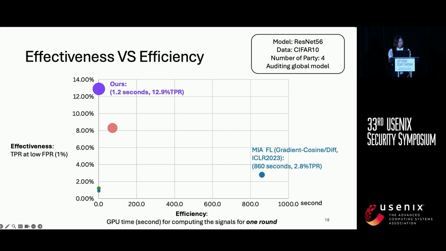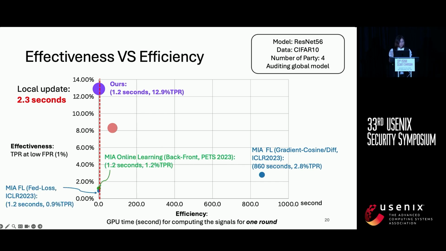For example, the membership inference attack algorithm, which requires computing per sample gradient, could take 860 seconds per round, while the TPR is still 2.8%. In comparison, local training only takes 2.3 seconds, so the cost for those methods is pretty large. Other efficient membership inference attacks are not effective.